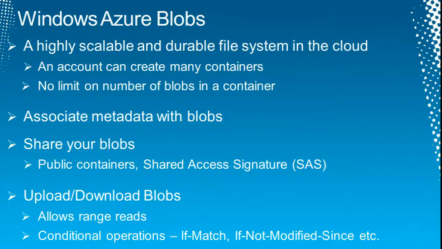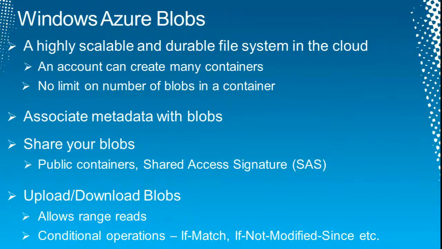And obviously, once you have your blob there, the most intriguing part is how do you share it? There are multiple sharing scenarios, and I actually have a dedicated slide for sharing and a code demo. But there are public containers, which is basically you give read access to everyone, and then you can start using shared access signatures, which are pre-authenticated URLs, and I'll go into depth in a while.